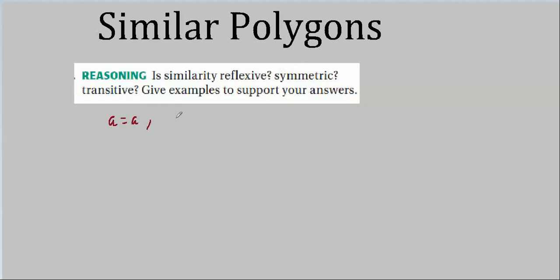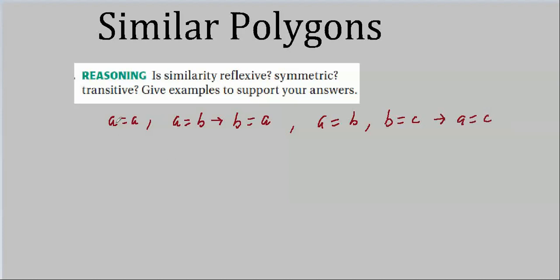That is, if A equals B, then B equals A. Means it goes both ways. And transitive? Well, that was if A equals B and B equals C, then it must be true that A equals C.